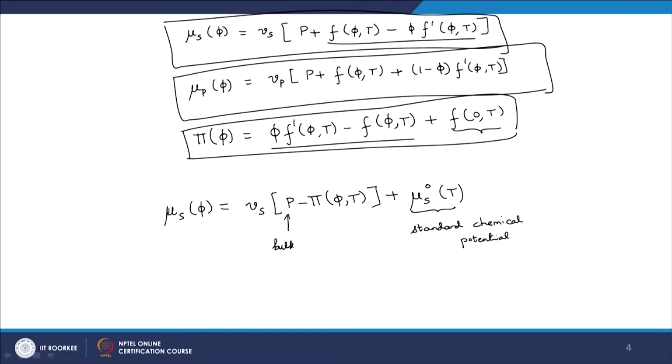Let us say the room is at a very low pressure, then the osmotic pressure will of course win and we will have a high mixing. On the other hand, if room pressure is also high, then the pushing in will have little effect. So, ultimately we can think of the mixing behavior in terms of not really the osmotic pressure, but the difference between the bulk pressure and the osmotic pressure.